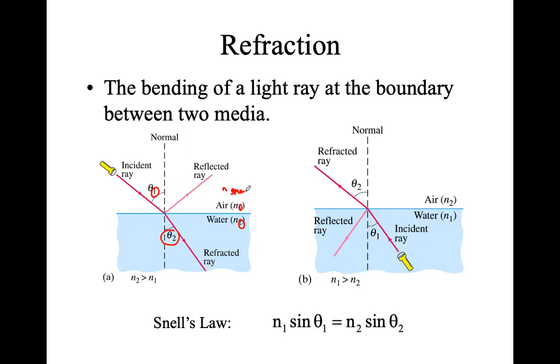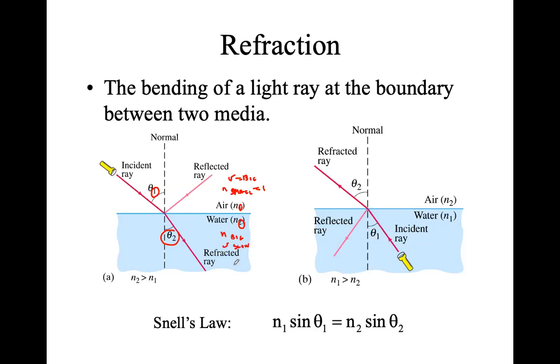This is like index of refraction equal to 1, or maybe 1 point something that's fairly low. And we're going into a higher index of refraction medium where the light moves slower. So this is big N, which means velocity is less. This is velocity is bigger, and this is velocity is slower.